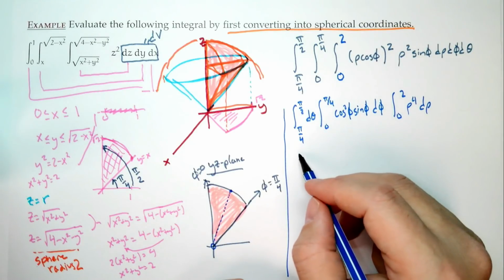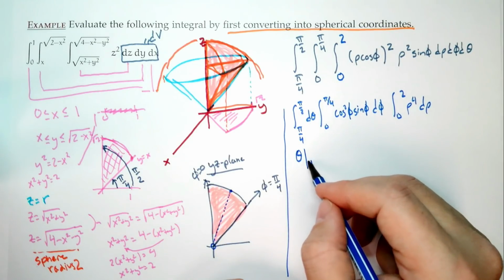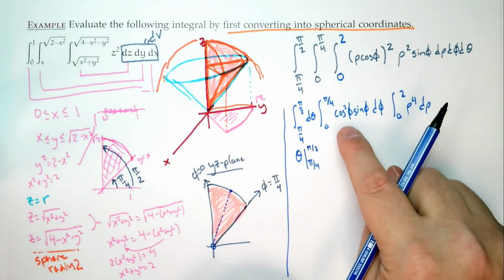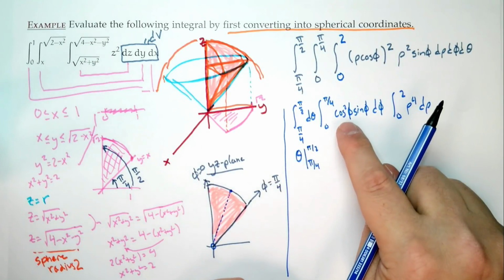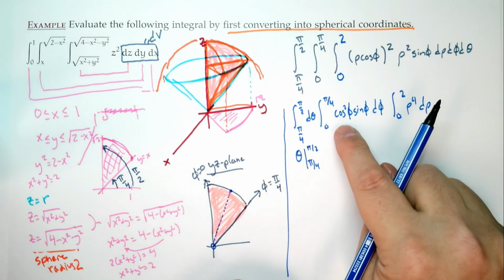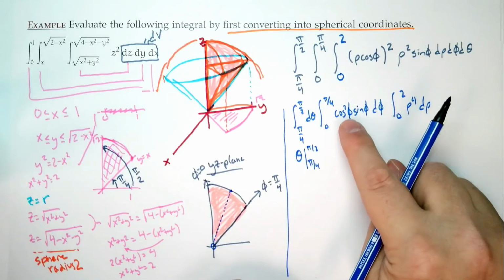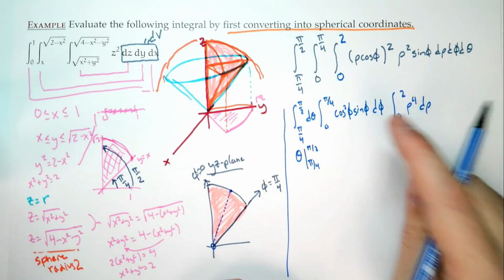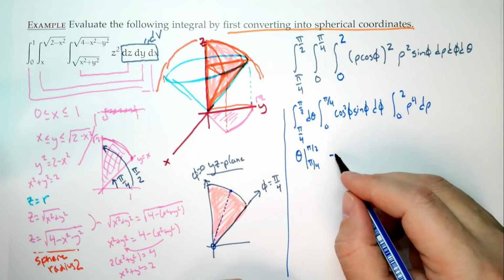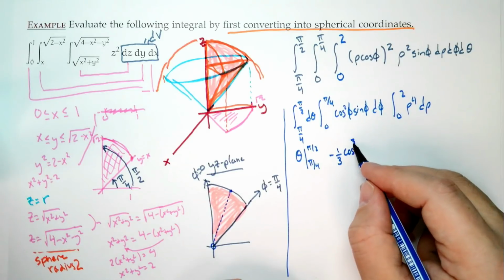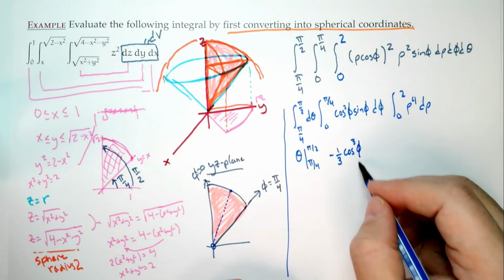So for the first one, that's theta from pi fourths to pi halves. For the second one, the easiest thing to do is a U-substitution. If you let u equal cosine, du would be negative sine. So it becomes u squared times minus du. So that ends up being minus 1/3 u cubed. So minus 1/3 cosine cubed phi.